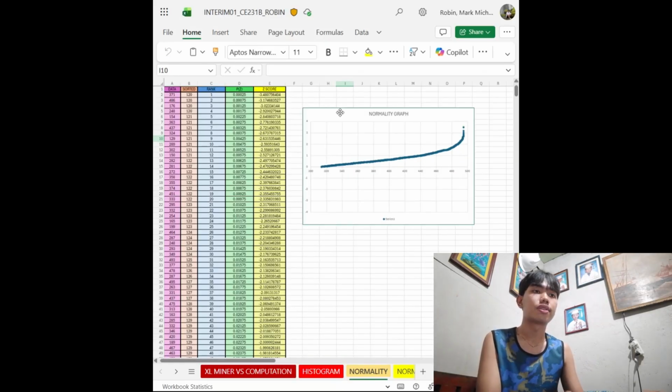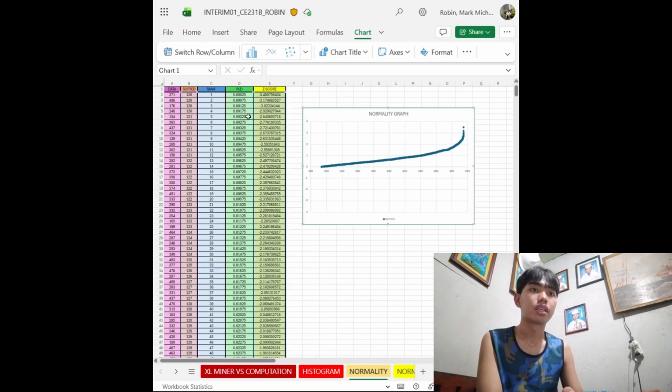And then this is the normality graph. I think it goes from 315 or 10 something to 490 going up. How I get this is I pick the sorted data and the z-score, then insert the graph, and that's how I get the graph.